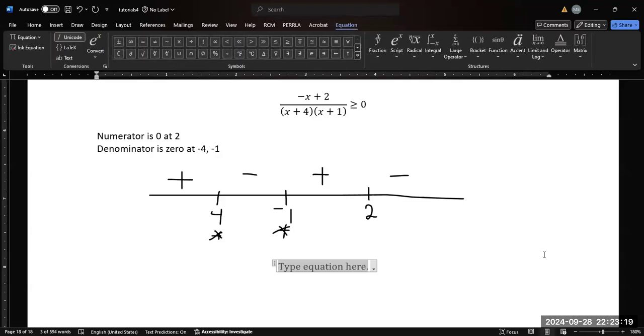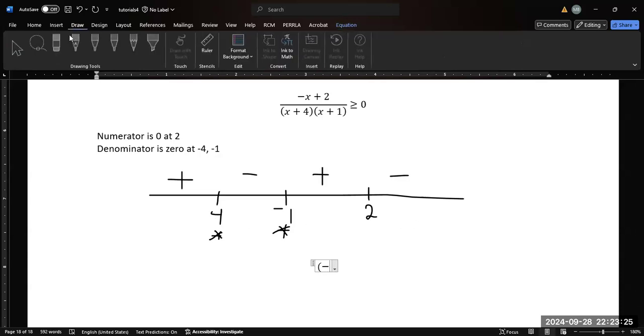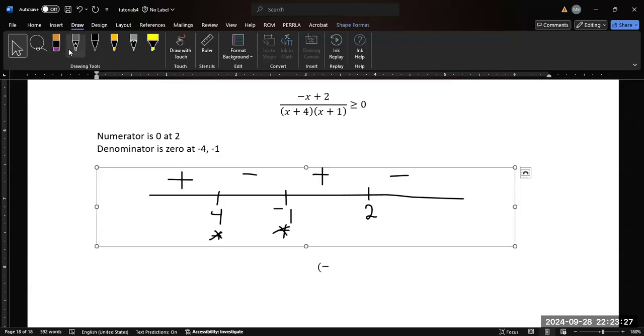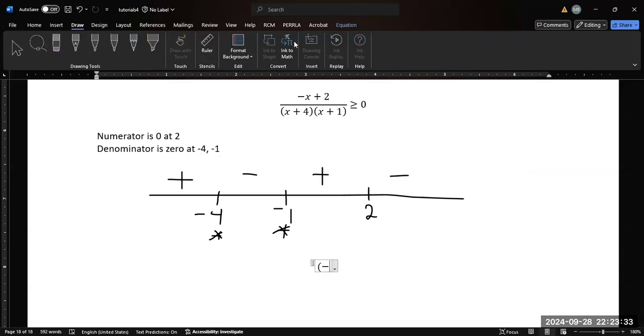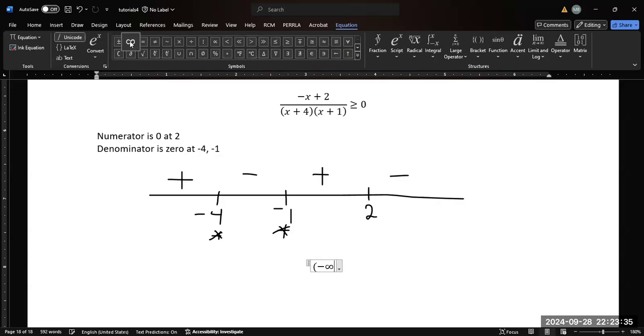So my interval starts at negative infinity. There was a minus sign there. Negative infinity to negative 4. This is from the denominator, so whether the equality is included or not does not matter.